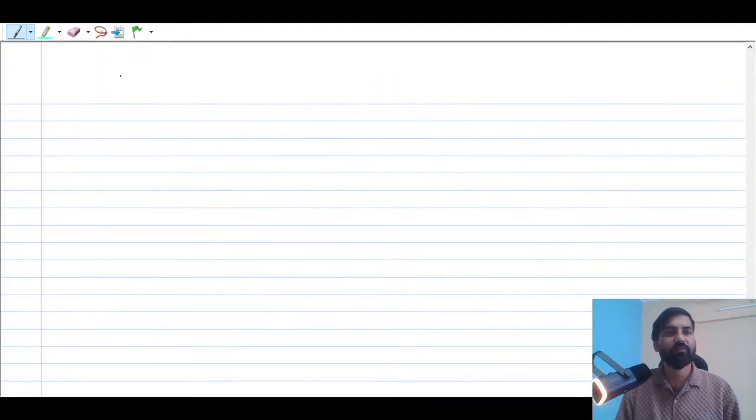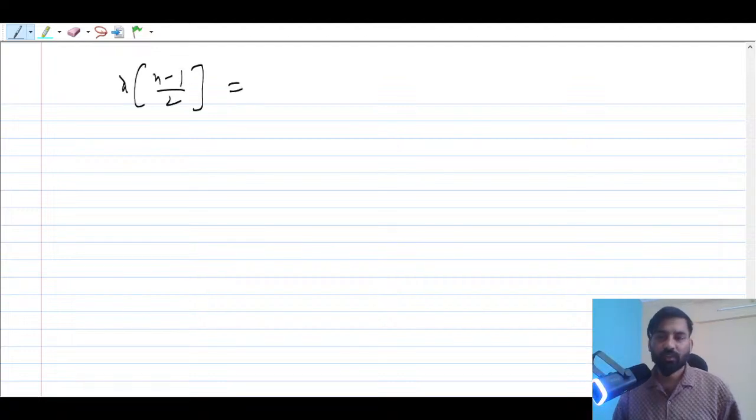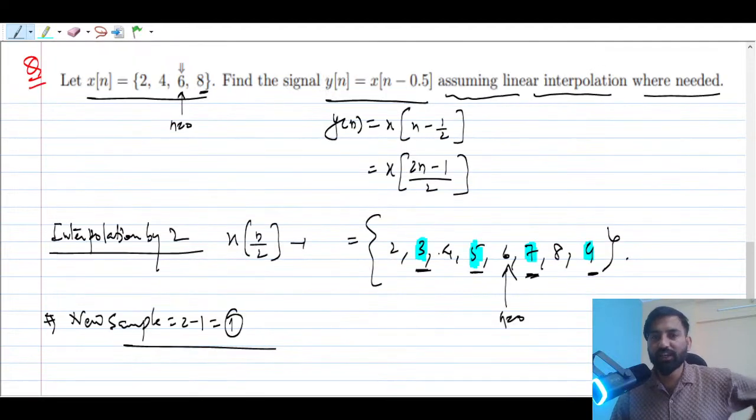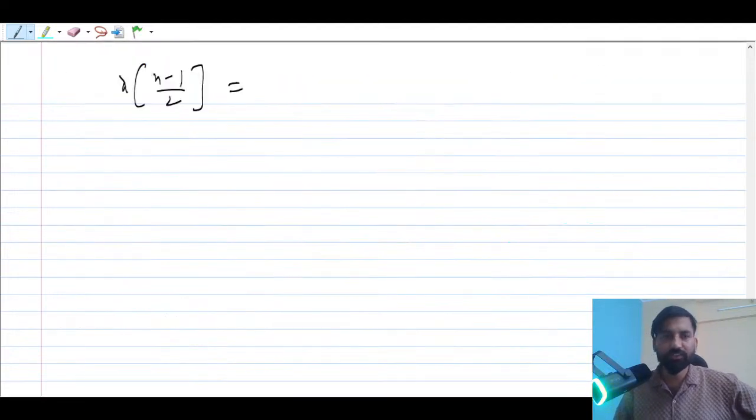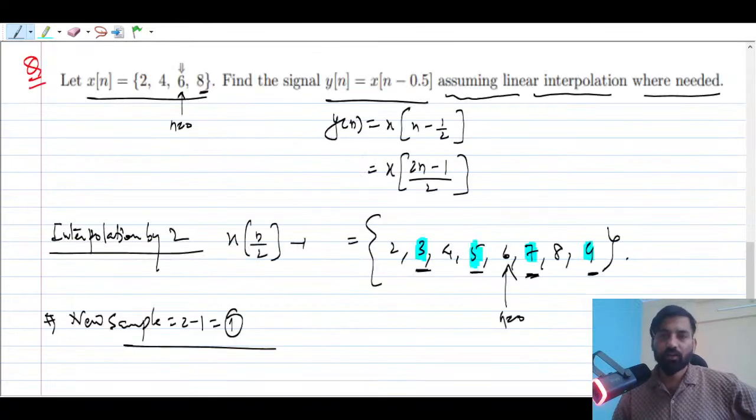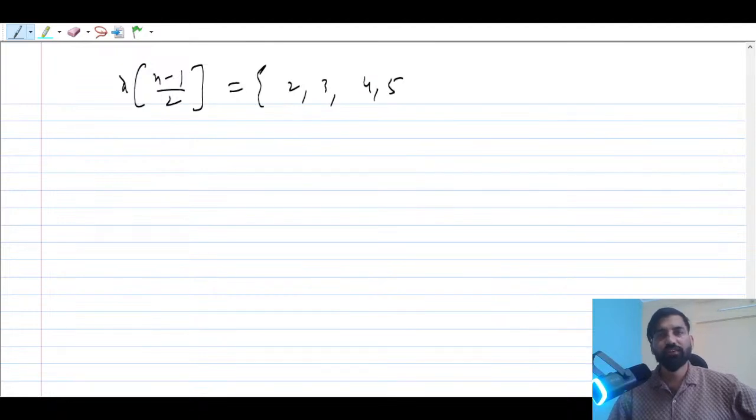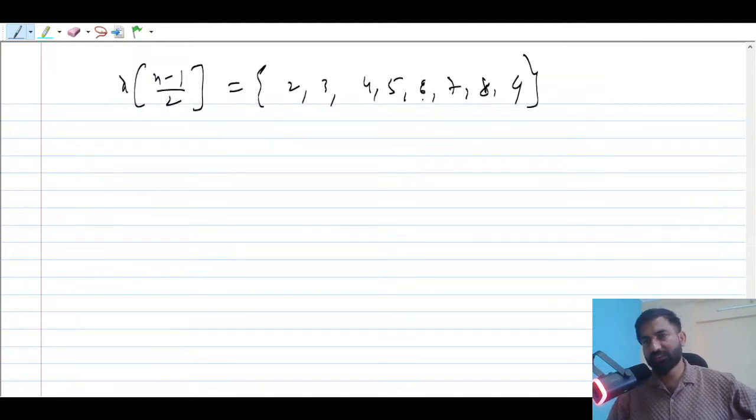So shifting matlab you have to shift n minus 1 by 2 only, right? So if you shift it, you can write it like this: 2 3 4 5 6 7 8, and then 4. Now where will be n?